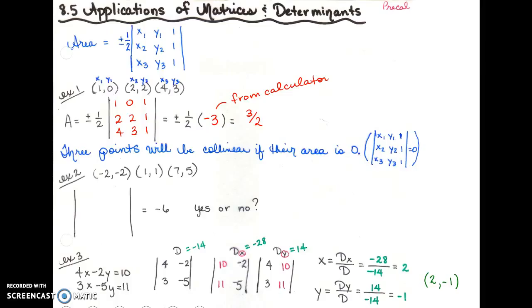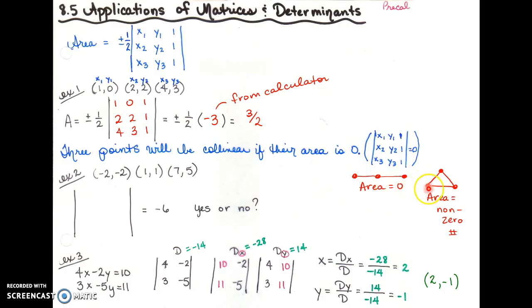So if we want to figure out if 3 points are collinear, if 3 points are on a line, how much area would they encompass? 0. If they're 3 points that are straight in a line, they're not going to encompass any area, right? So if they're collinear, their area would be 0.